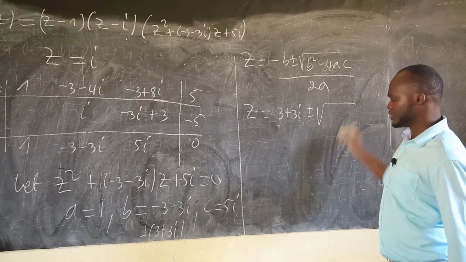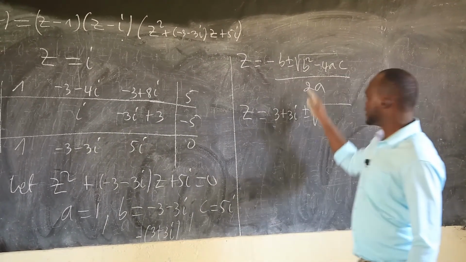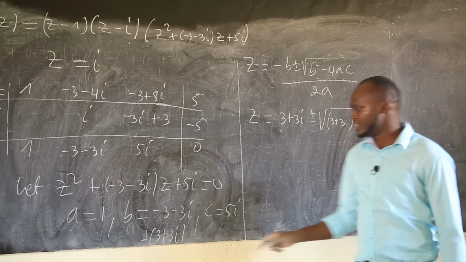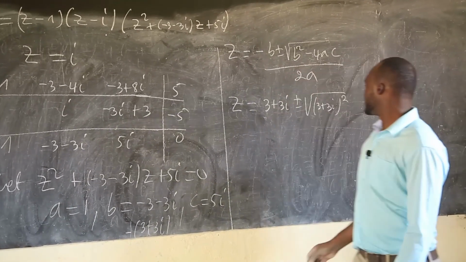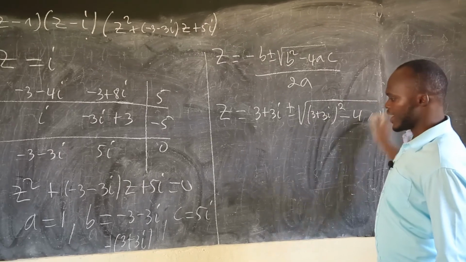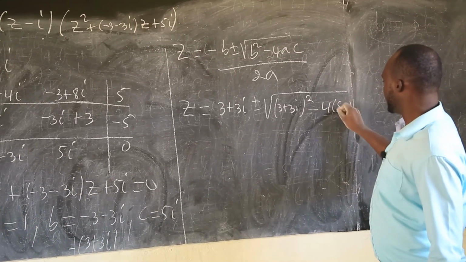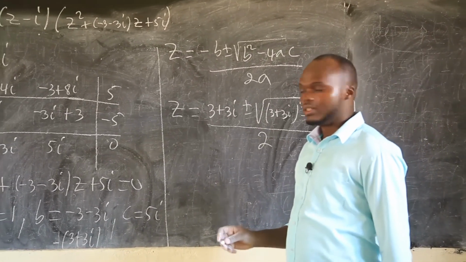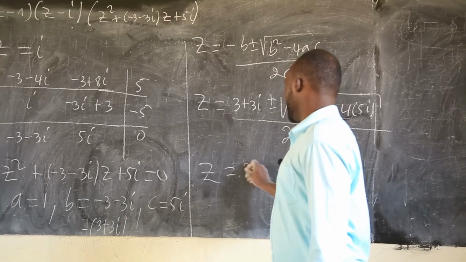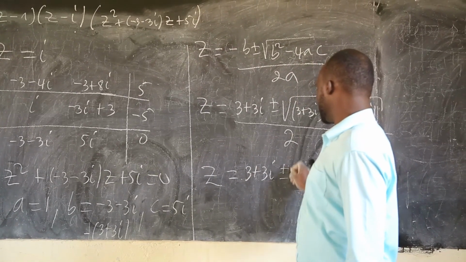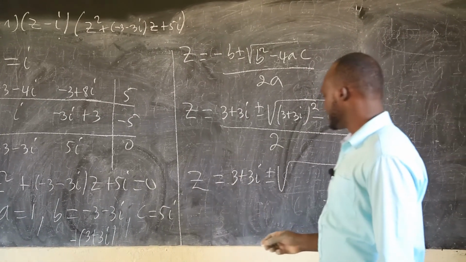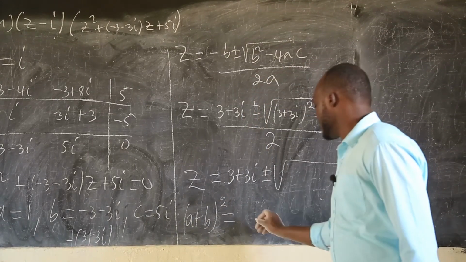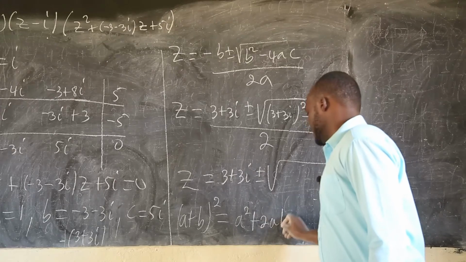Plus or minus the square root of (3 plus 3i) squared, because this negative squared is positive, minus 4A, where A is 1 and C is 5i, divided by 2A, 2 times 1, which is 2. So my z is 3 plus 3i plus or minus... I have to expand this one. You know that when you have (A plus B) squared, the answer is A squared plus 2AB plus B squared.